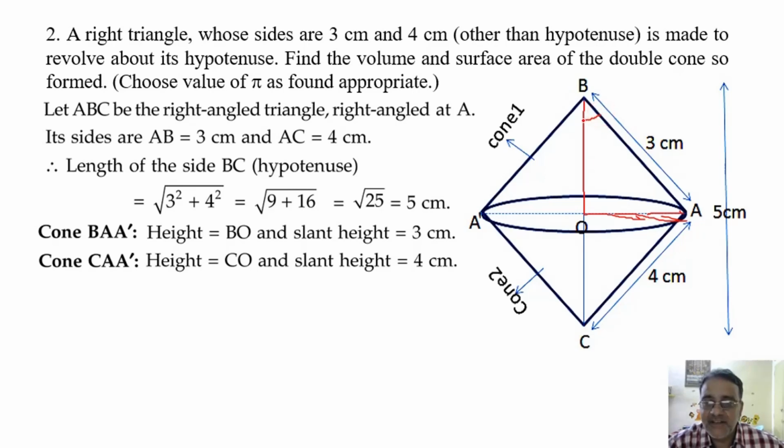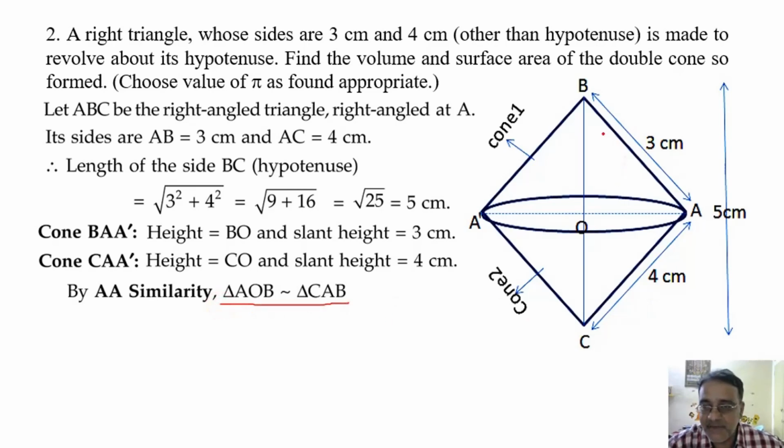In these two triangles, angle B is common, and these two angles are 90 degree. Okay, so these two triangles are similar by AA similarity. I'm repeating once again. Angle B is common to both the triangles, triangle AOB and CAB, and these two are 90 degree.